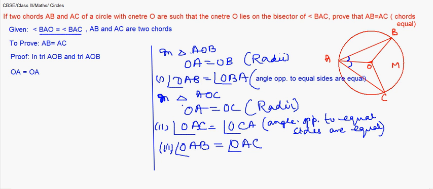So what do we derive? We can derive angle OAB is equal to angle OAC, and because we had informed about these being also equal, the third angle that remains, angle OBA, will be equal to angle OCA.